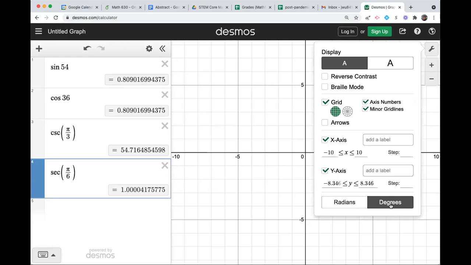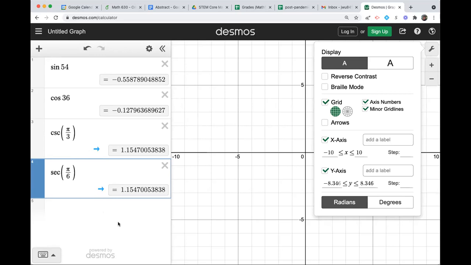But if I'm in a new question in radians and I don't tell Desmos or my calculator otherwise, it's not going to be helpful for me. All we need to do is click radians. Check out our last two lines here. Right now we have that cosecant of pi over 3 is equal to secant of pi over 6.